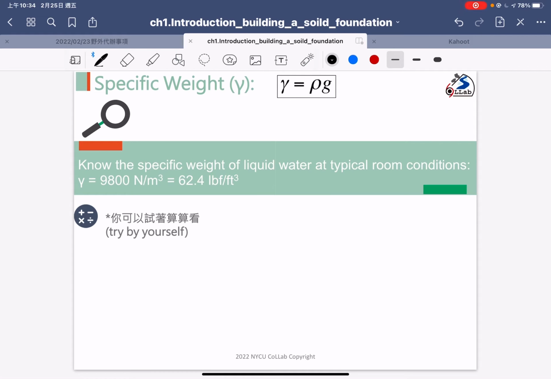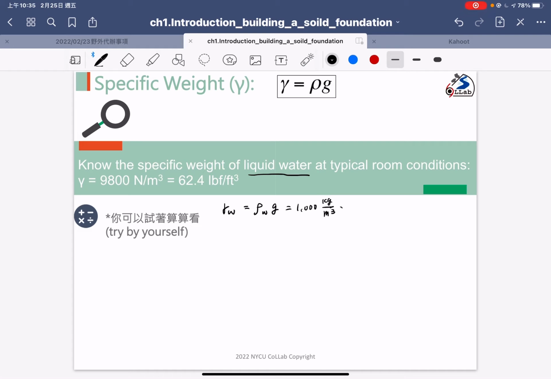And what is the gamma for the liquid water? So the gamma W means the liquid water's specific weight is equal to the water density multiplied by G, right? And it's quite simple because we know that in room conditions, the density is 1,000 kilograms per cubic meter.